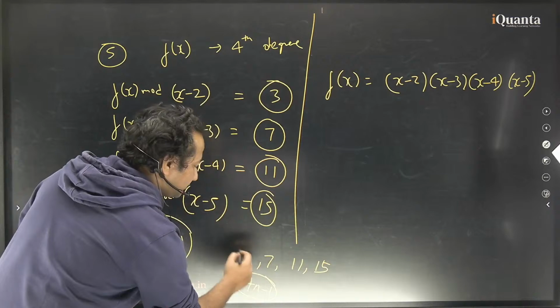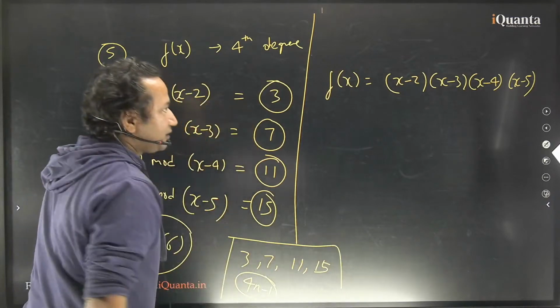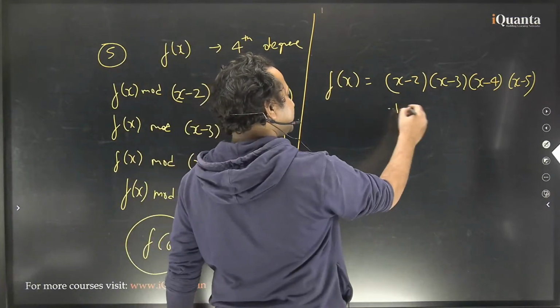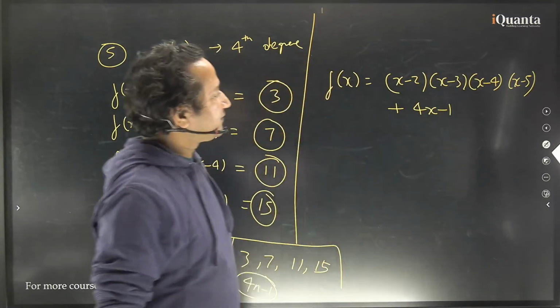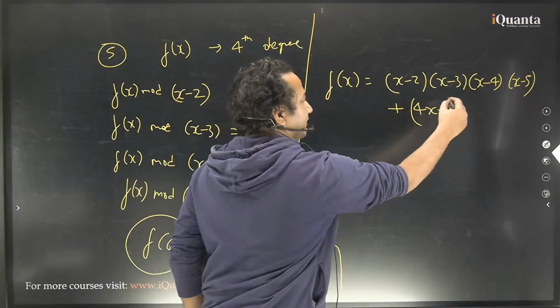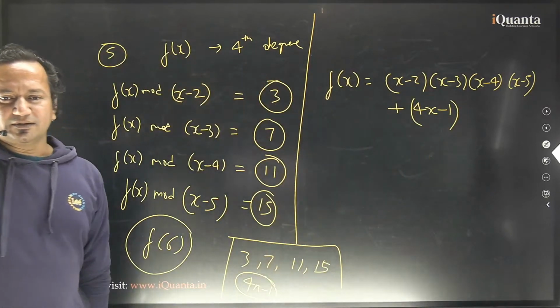Isn't it? Is this clear? So if I write here plus, यहाँ पे x के फॉर्म में I'll write 4x minus 1. Is this right? Can I say this is the remainder?